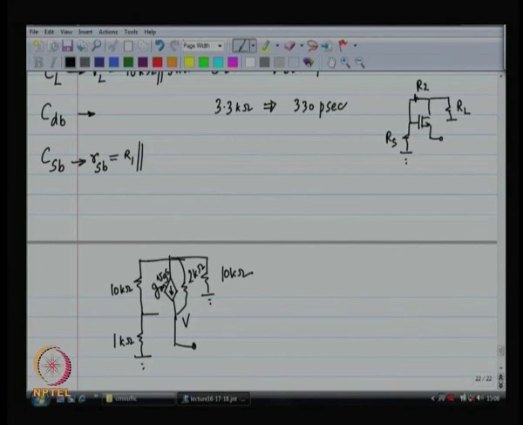That is the question. So, suppose the current going into the source is I. So, what is the current coming out of the drain? It is still going to be I.